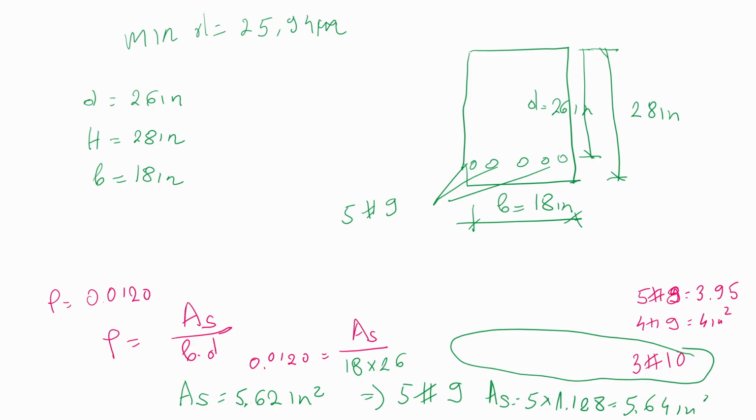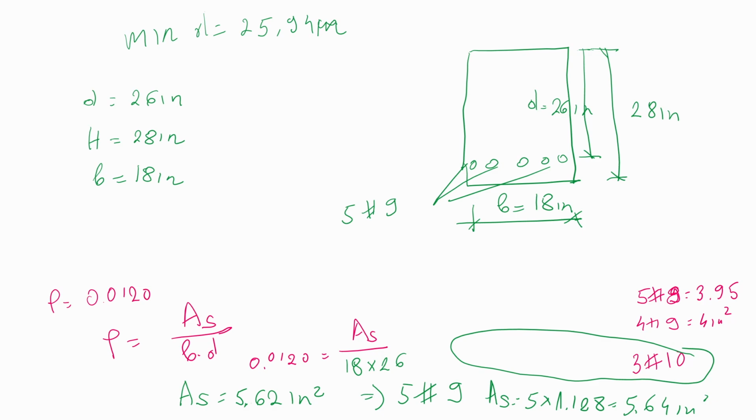Since I already have reinforcement ratio equal 0.0120, and I explained in the previous video that reinforcement ratio is area over b times d, in our case, reinforcement will be 5.62 inch square. So now I can pick 5 number 9, but you don't have to pick 5 number 9.